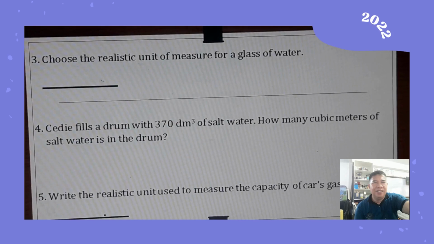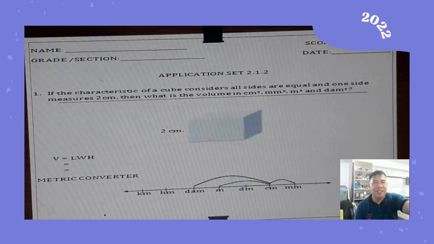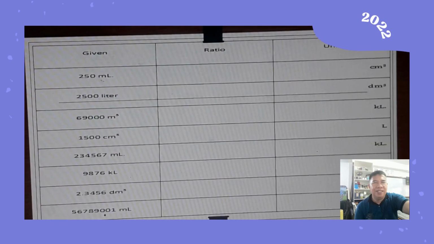Okay, the next step. You are given here a table, but your task here is to find the corresponding value of the blanks provided according to its unit.